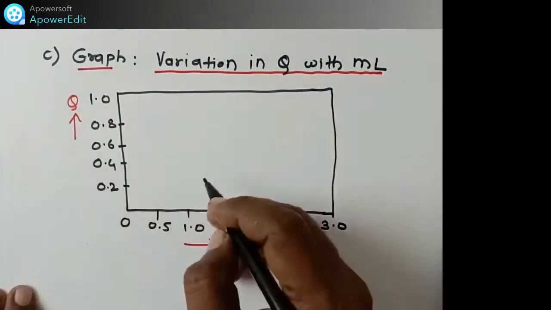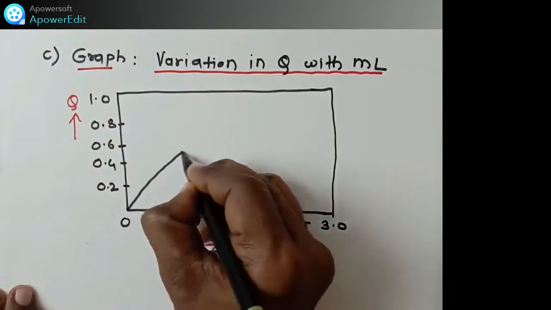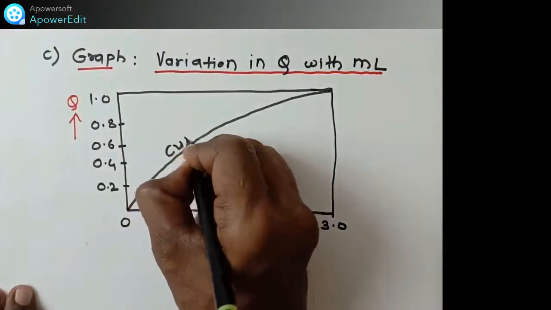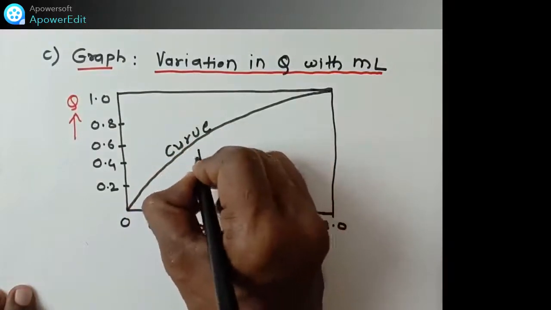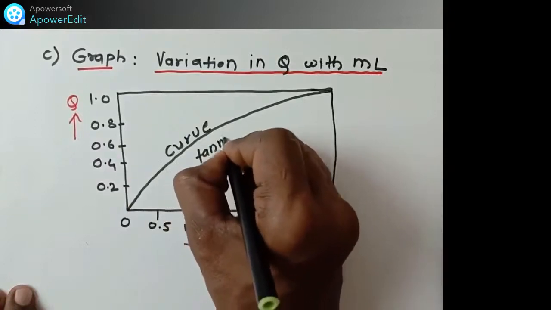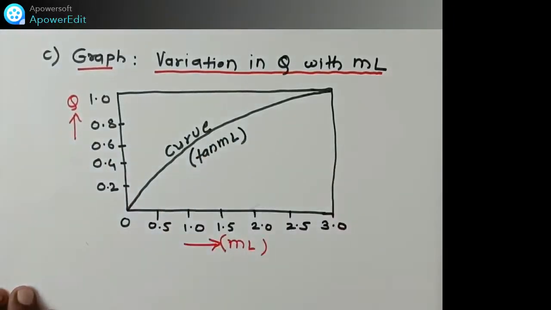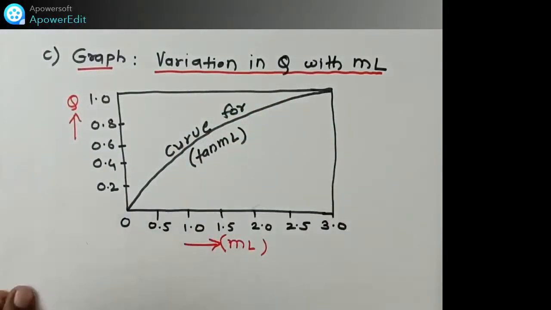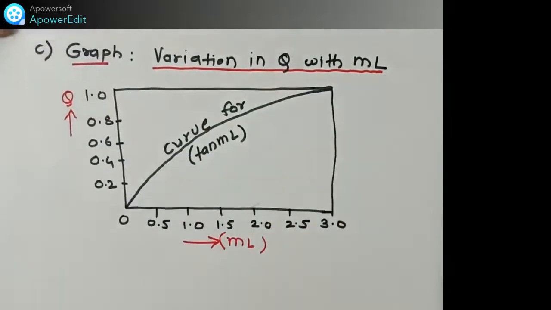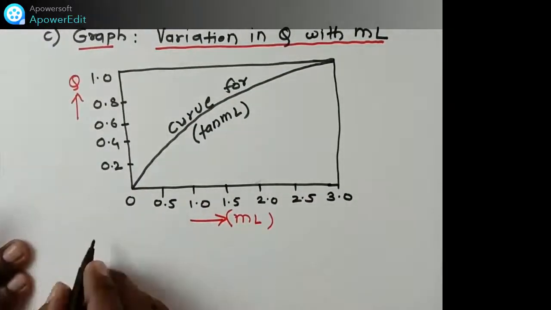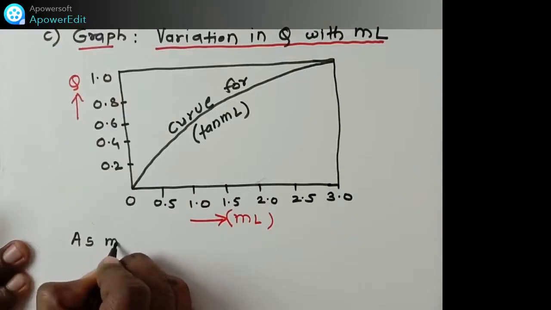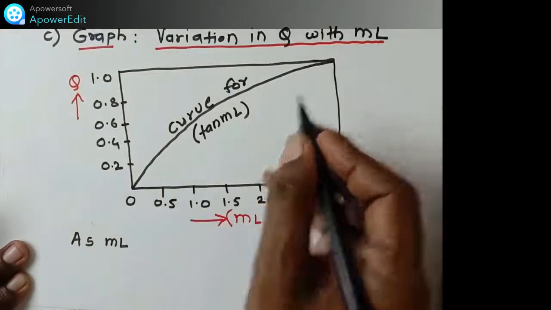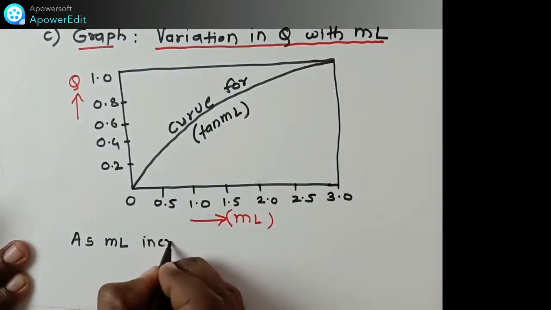So in this case we find the curve in this way, that is a curve for tan h ml. So from this, what we see here as first observation: as the value of ml increases, Q increases.